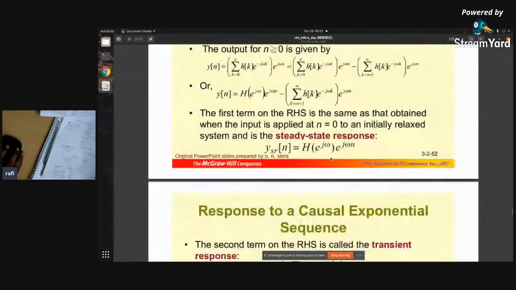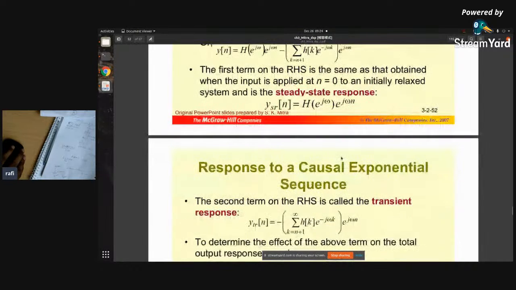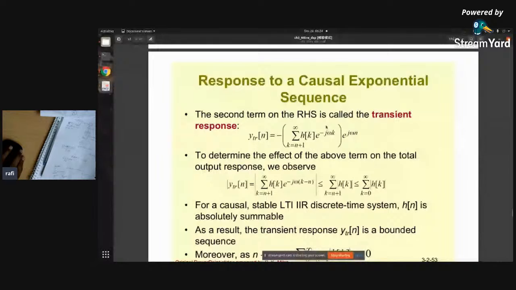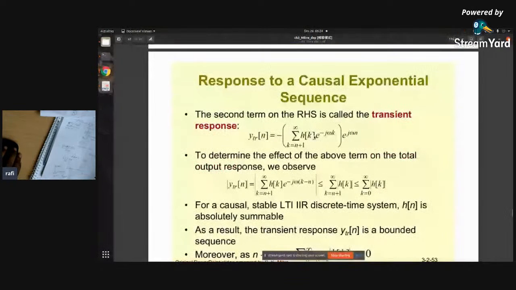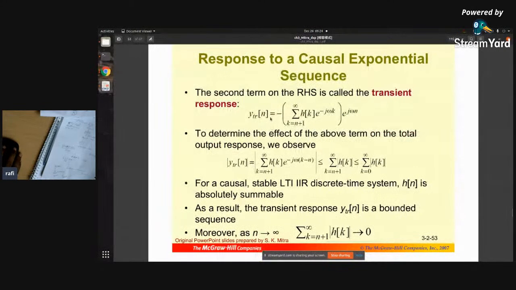Since we are not considering any initial conditions here, it is a steady state response exactly at n equal to 0. You can compute this. So this is the transient response, the second term. If you remove the transient response from the steady state response, then it is your actual response for causal signals. So what is the effect of this transient response?